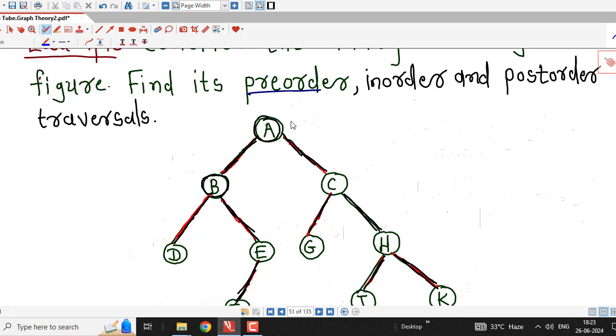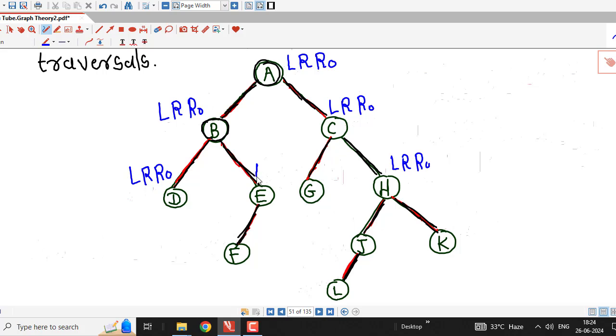So for post-order, first we are considering left, right and then root. So let me write left, right, root for every node. Similarly, let me finish all these things.